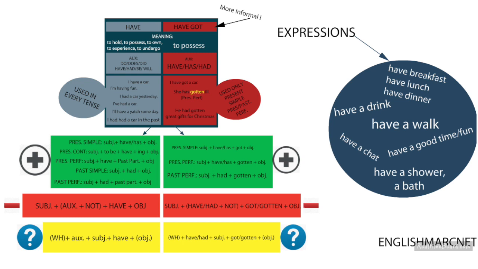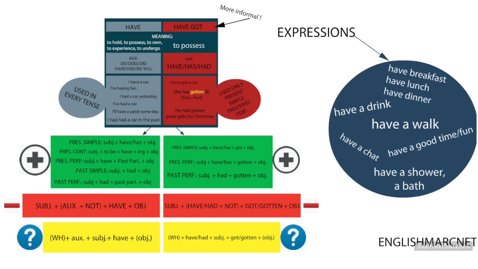When we want to make a sentence in the positive, for the verb to have, this is the rule. The present simple, the subject we need to put first, then have or has if it's the third person singular, and then obviously the object. Like I mentioned before, I have a car. The present continuous, the formula to remember is subject plus the verb to be plus have plus ing plus object. I am having fun, for example.